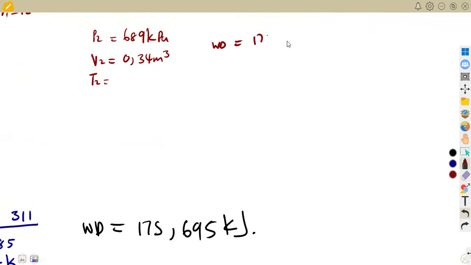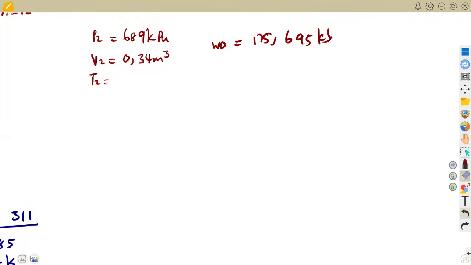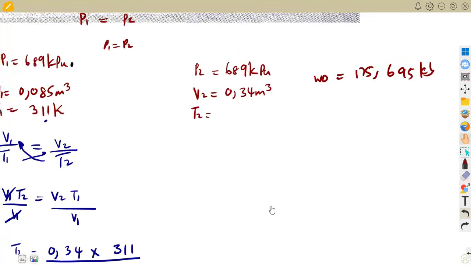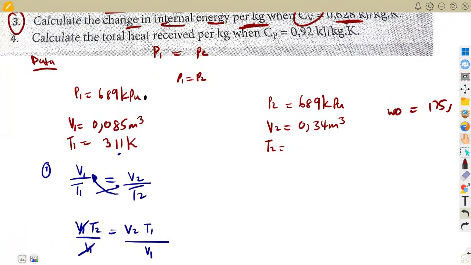This is 175.695. We are going to need this somehow, so let us just keep it aside. All right, so this is it here. The question was to calculate the change in internal energy.